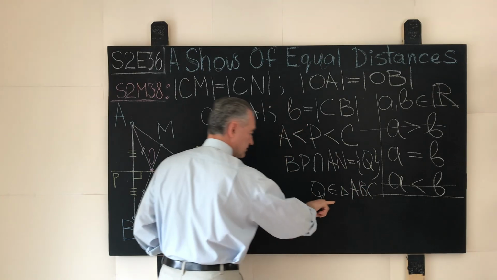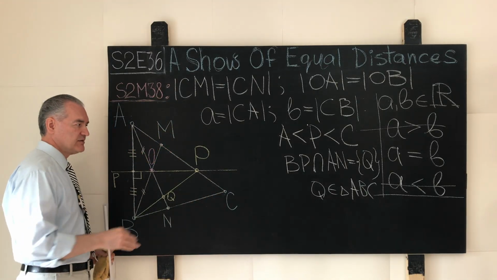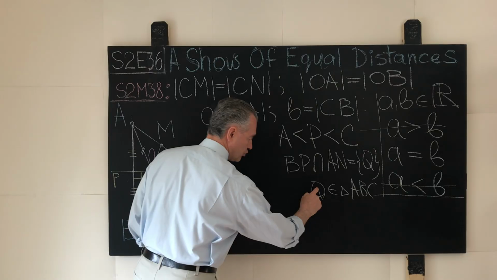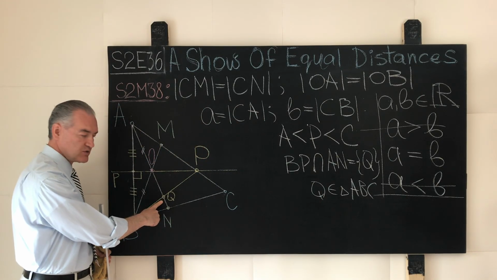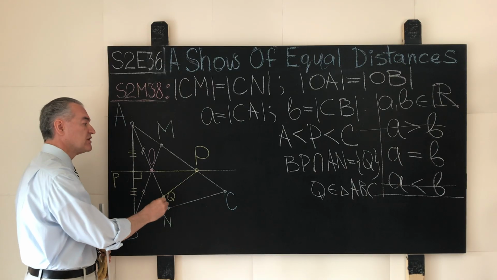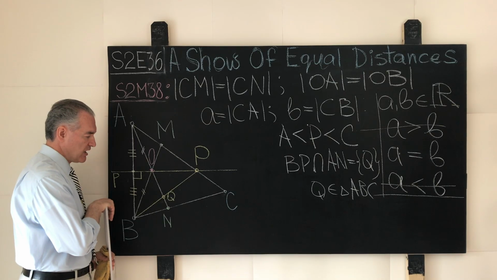Again, this notation is a little bit poor. It doesn't really say that the point Q is strictly inside, but we understand that the geometry of this intersection means that the point Q is located strictly inside, in the innards of the triangle ABC.